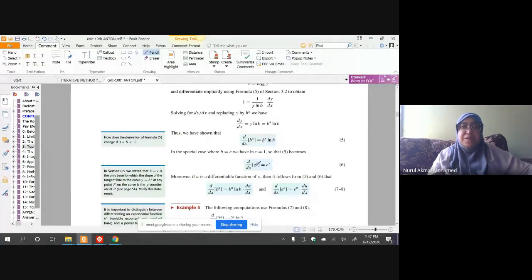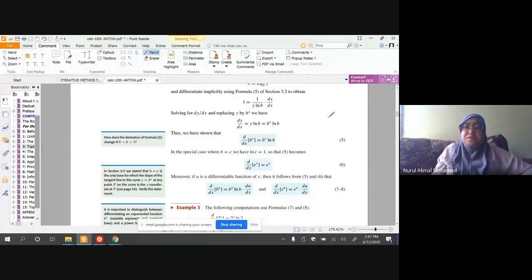But when we have e to the power of x, if we differentiate e to the power of x, we will get e to the power of x. Why is that? It is because ln e is equal to 1.